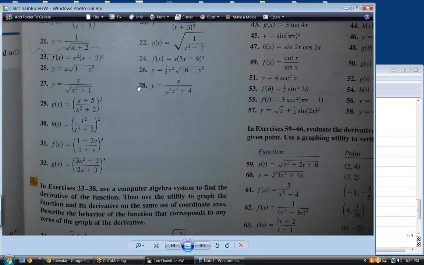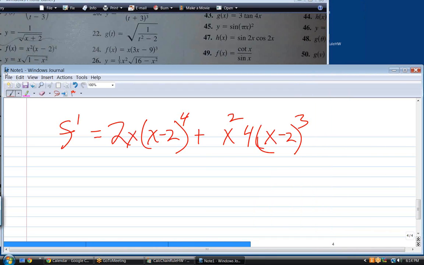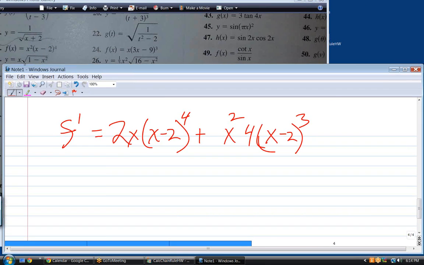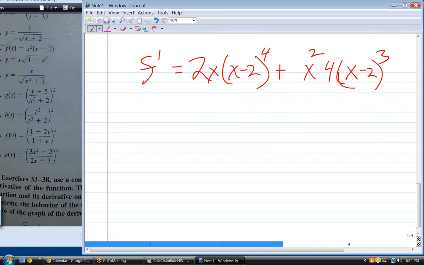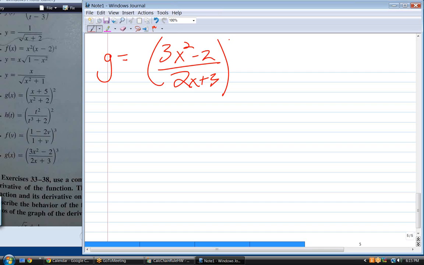There's a problem with some of these that involve the quotient rule, and that problem is that it's a great deal of algebra. It ends up being primarily an algebra problem. So if I had g equals this, how am I going to do this?